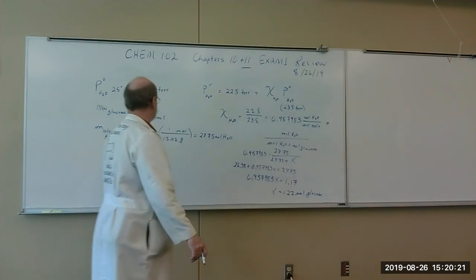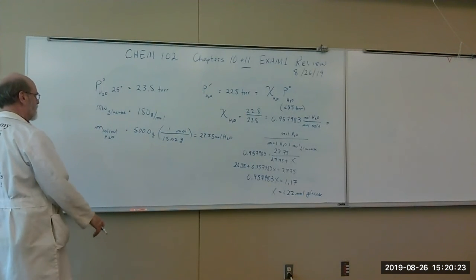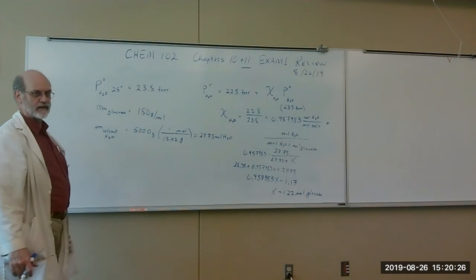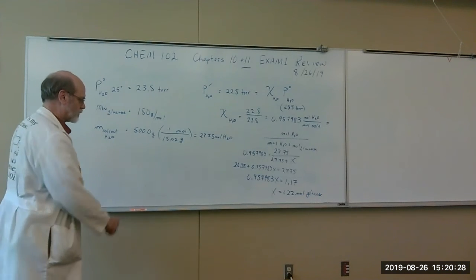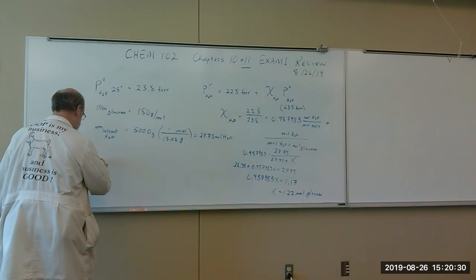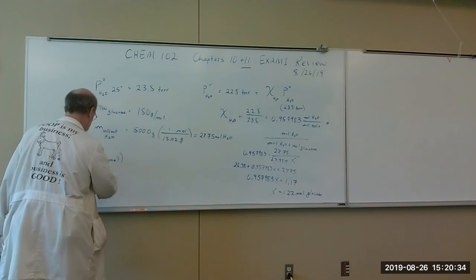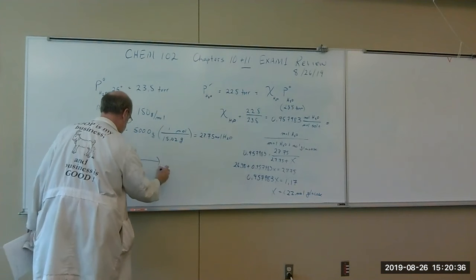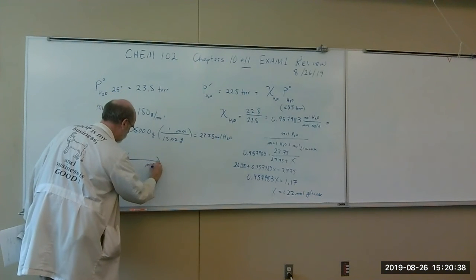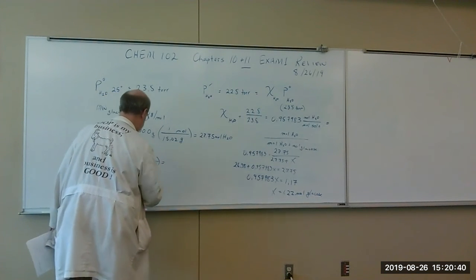Right? But the question was, what's the mass of glucose we need? Right, so we just say 1.22 moles. We need to convert that by canceling moles and leaving the mass.